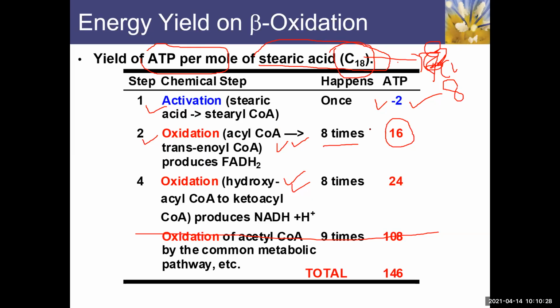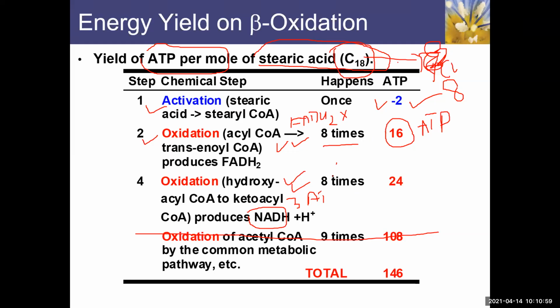But then you might think, how did we get this 16? Because we know that FADH2 is equivalent to 2 ATP. So 8 multiplied by 2 will be 16 ATPs. Again, here I'm producing NADH, and I know that one NADH is equivalent to 3 ATPs.